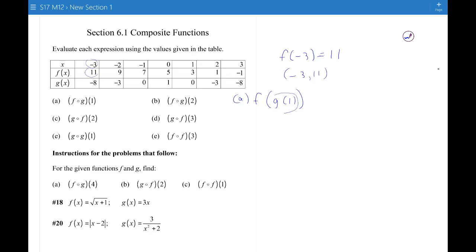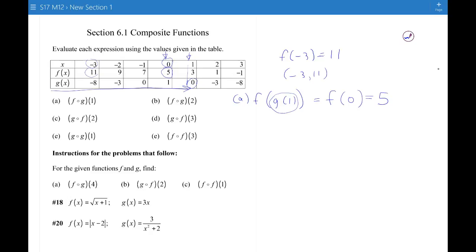Well, I first look up g of 1, so I work from inside outward. So in this table, here's when the x value is 1. I come down here and see g of 1 is 0. So this tells me what's wanted is f of 0. So now I look at when x is 0 and say the f at that value is 5.